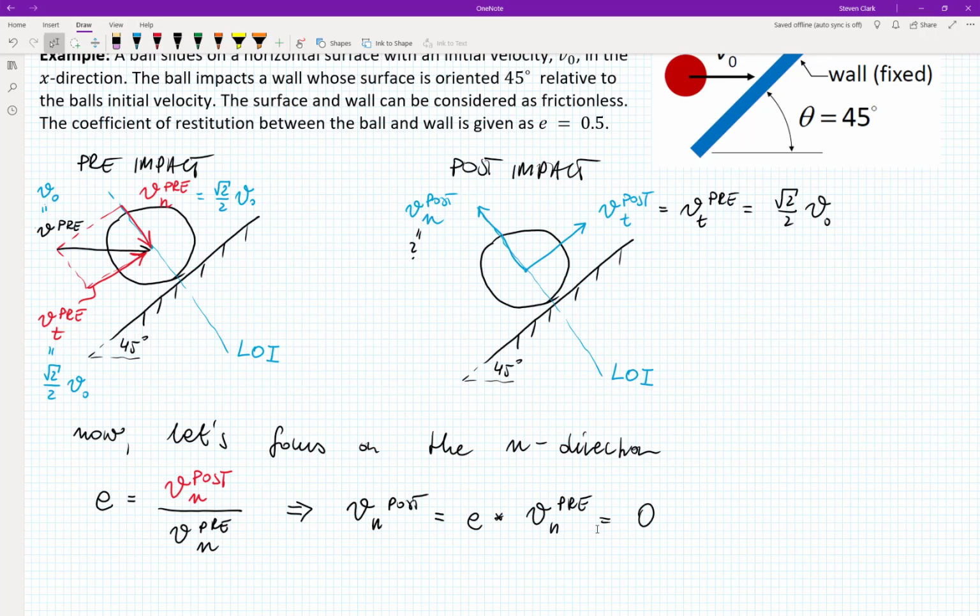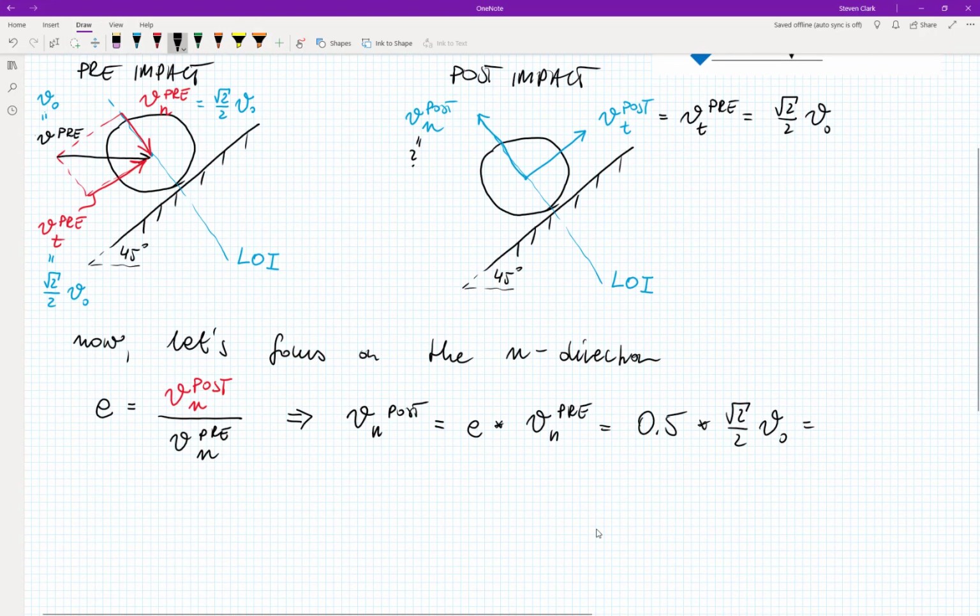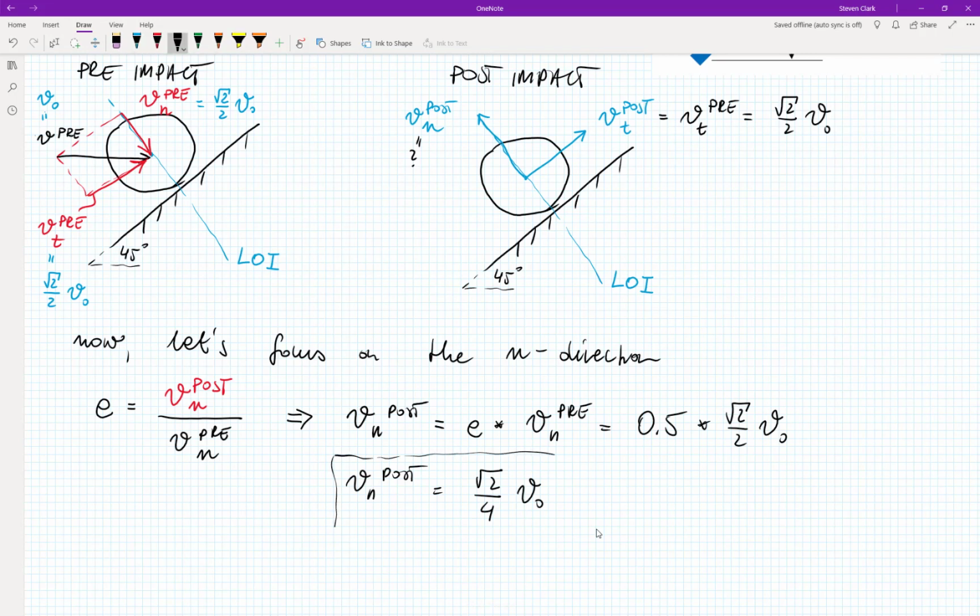Let's plug in values: 0.5 times square root of 2 over 2 V0. That means that our V n post is square root of 2 over 4 V0. That's it. So I can get rid of this question mark. Square root of 2 over 4 V0.